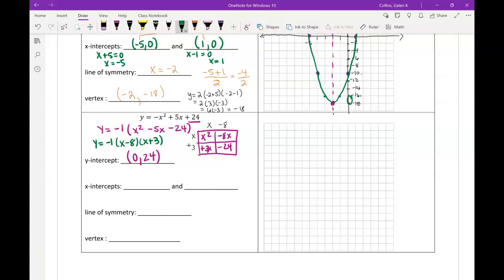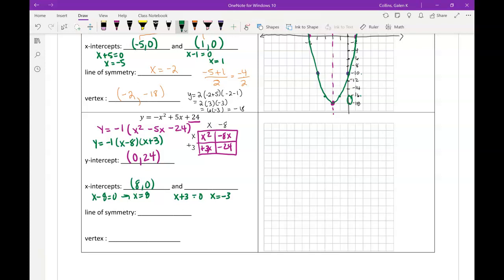All right, so now when I find my x-intercepts, again, that's where y is 0. Well, if x minus 8 equals 0, then I know x equals +8. So I should have an intercept at 8, 0. And if x plus 3 equals 0, then x must equal -3.